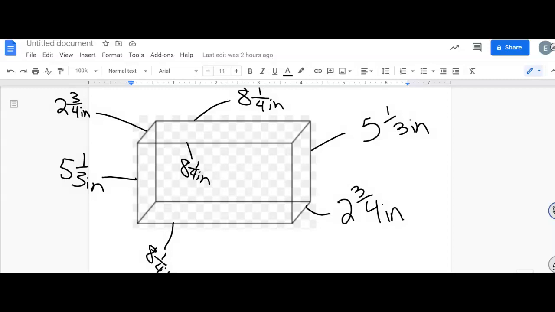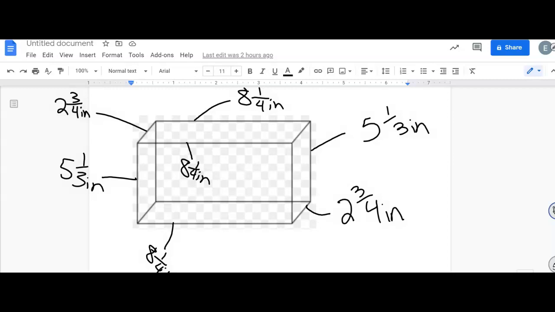Okay. Does anyone know what I just did? Jordan. I labeled all of them. Why did I do that? Jack. You know, Jack, you're kind of right. One of the things that drives me crazy when we get a problem like this, and there's 3 numbers, what are you going to do? Just multiply the 3 numbers.